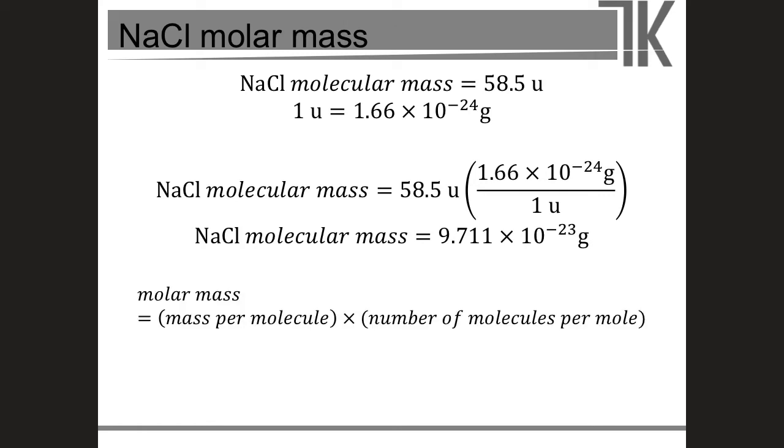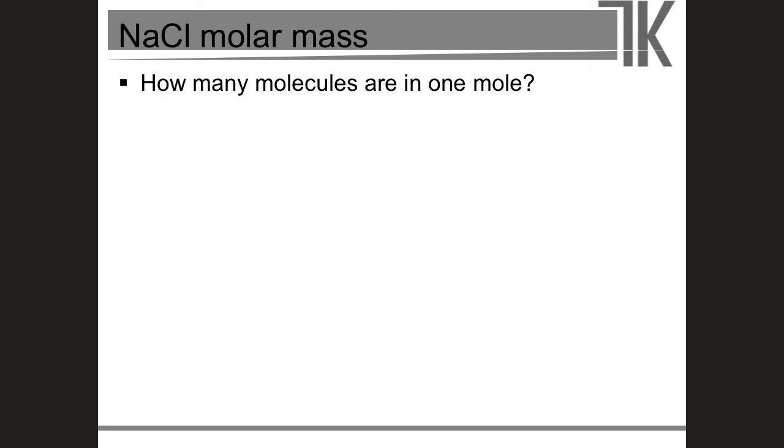In order to calculate the molar mass, we have the molecular mass, or mass per molecule, times the number of molecules per mole. Now, how many molecules are in 1 mole? That is Avogadro's number, 6.022 times 10 to the 23. Asking how many molecules are in 1 mole is similar to asking how many eggs are there in a dozen, or how many years are there in a score.